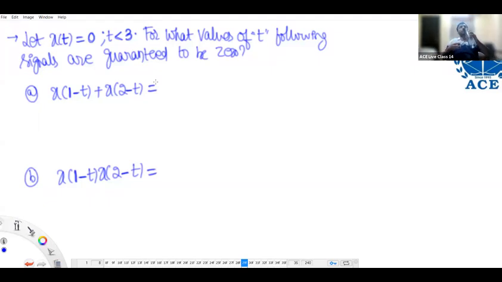Think and respond. Original signal amplitude is 0 for t less than 3. For what time is this signal guaranteed to be 0?